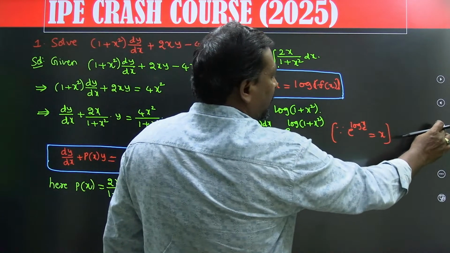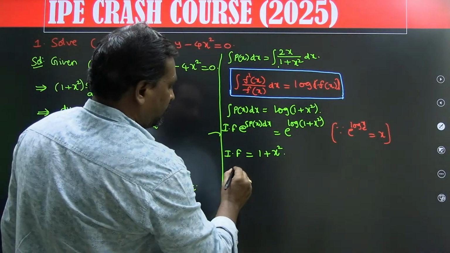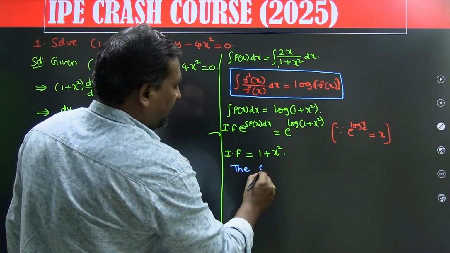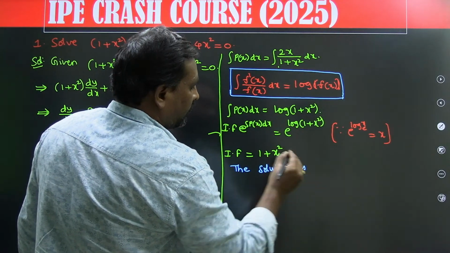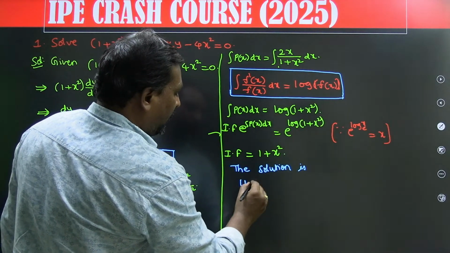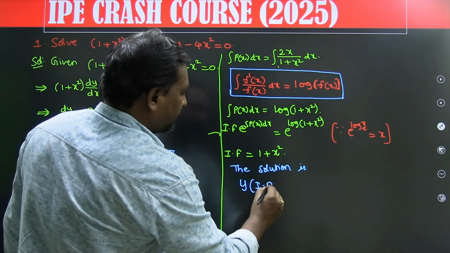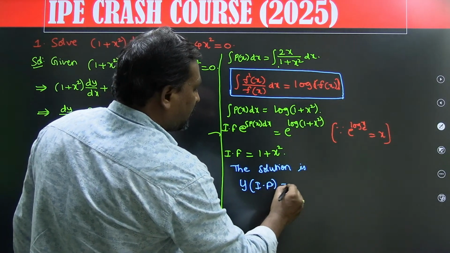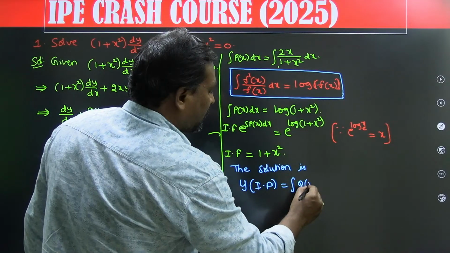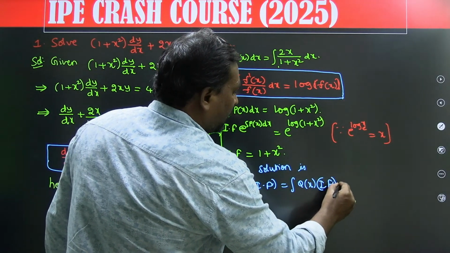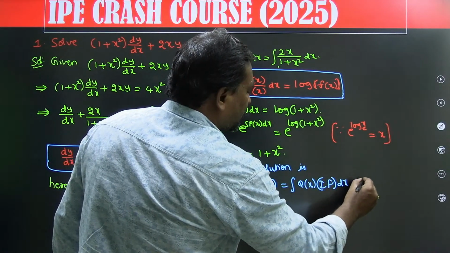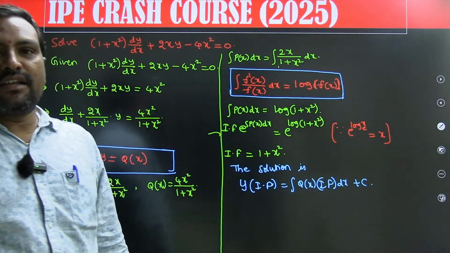So the solution is y into IF is equal to integral q of x into IF dx plus constant c. C means integral constant c.